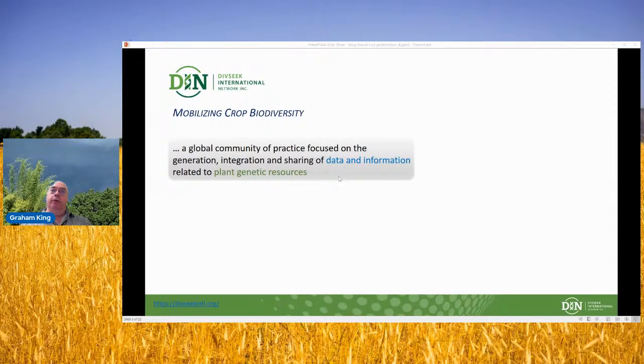DivSEEK International Network is a network that has arisen from a global need to communicate between researchers, those managing plant genetic resources, plant breeders, and the much wider stakeholder communities.